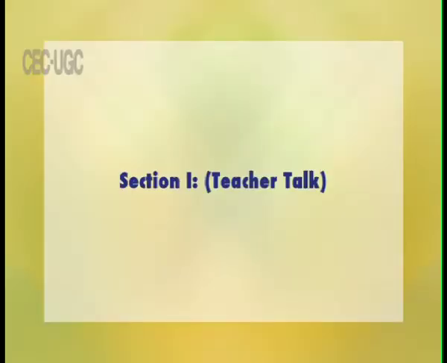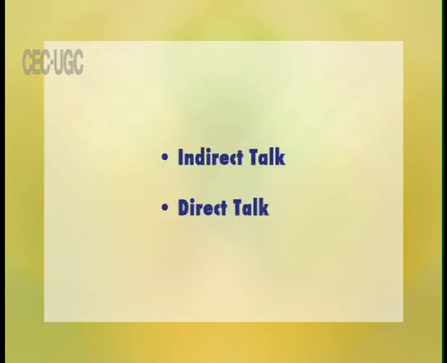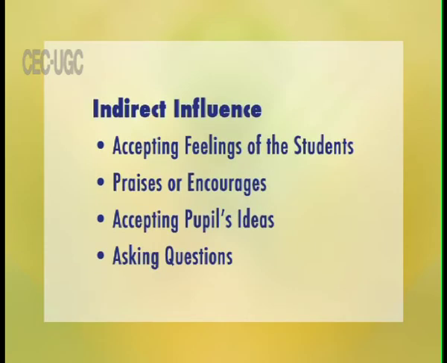Now students, a brief description of the 10 categories of Flanders interaction analysis. In section 1, we have teacher talk, and in teacher talk, two types of behaviors: number 1, indirect talk, and number 2, direct talk. In indirect influence, there are four behaviors: 1, accepting feelings of the students, 2, praises or encourages, 3, accepting pupils' ideas, and 4, asking questions.